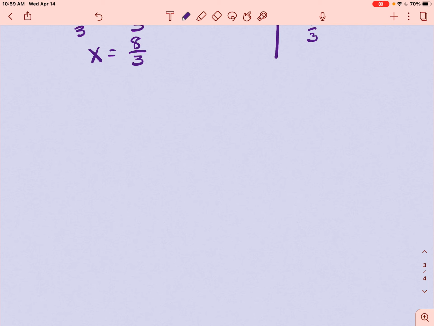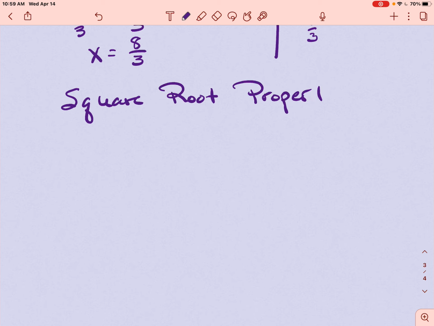We actually want to talk about the square root property here because it's another technique for solving equations. So if I have a square root, I can do something like this.